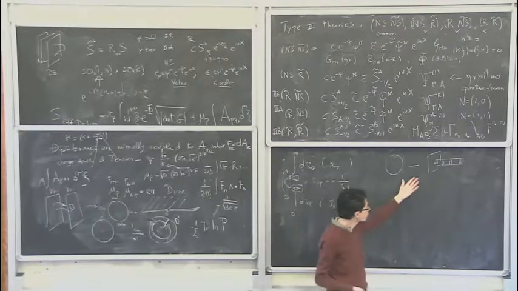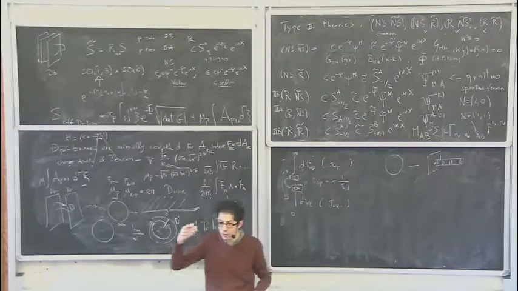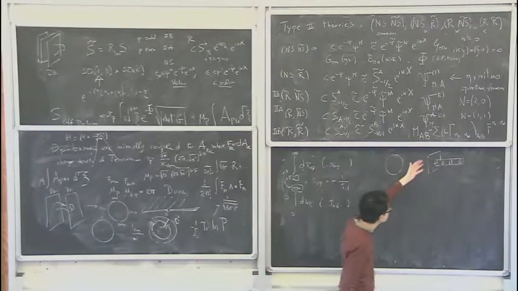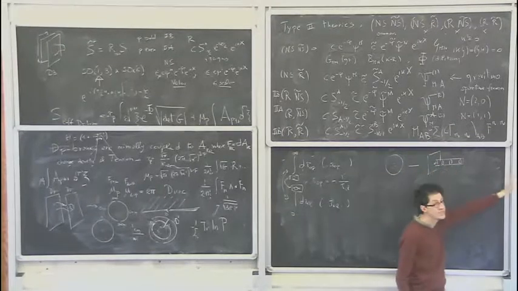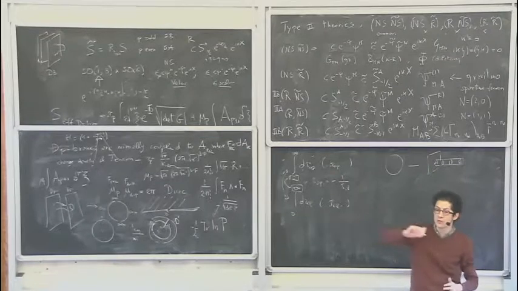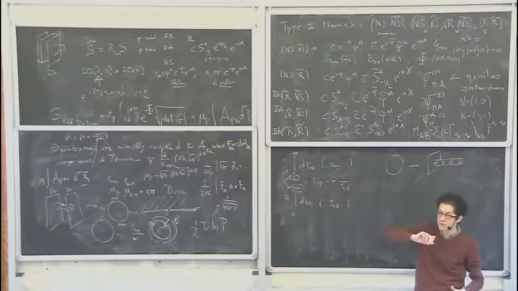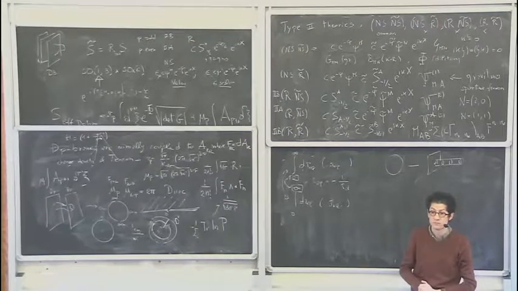So this solution that Dario brought for you, you can start seeing in the large distance expansion literally as emission of graviton, Ramond field, and dilaton coming from a physical source.